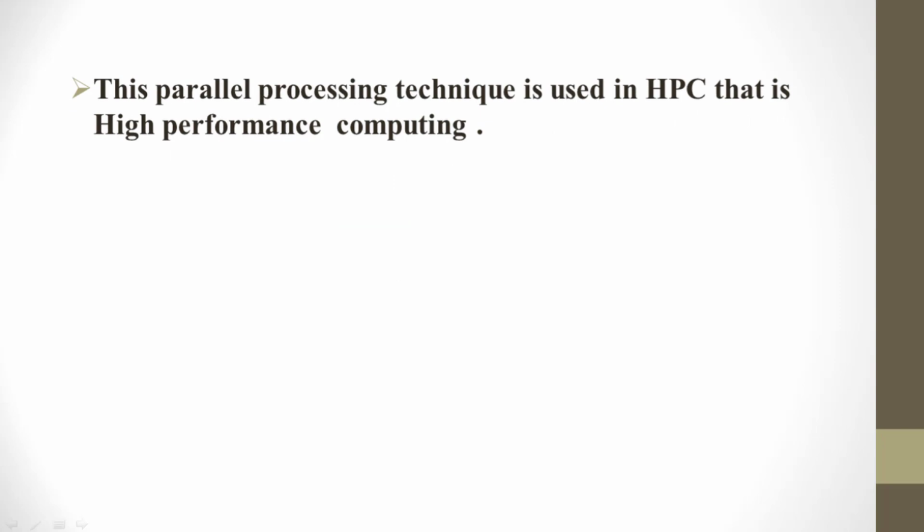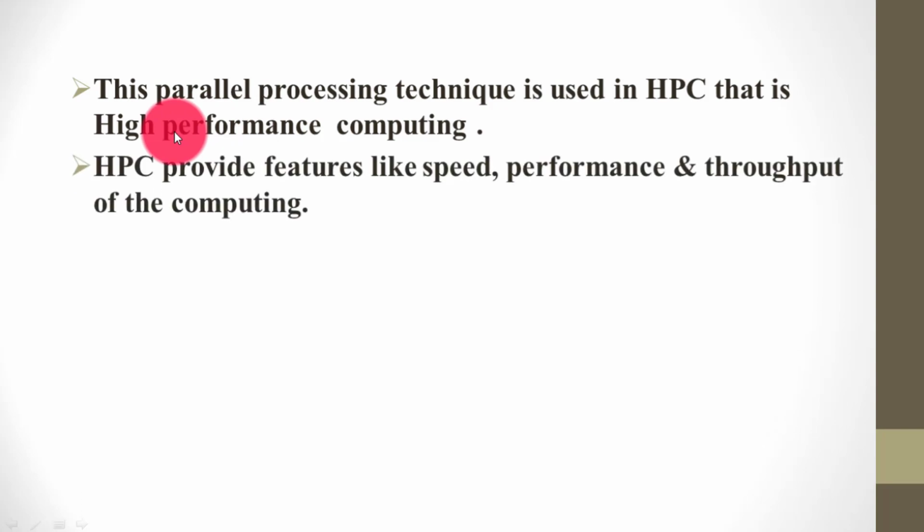This parallel processing technique is used in HPC, that is, high performance computing. This was also discussed in the previous video. HPC provides features like speed, performance and throughput of computing. Just now we discussed how parallel computing increases speed and throughput.